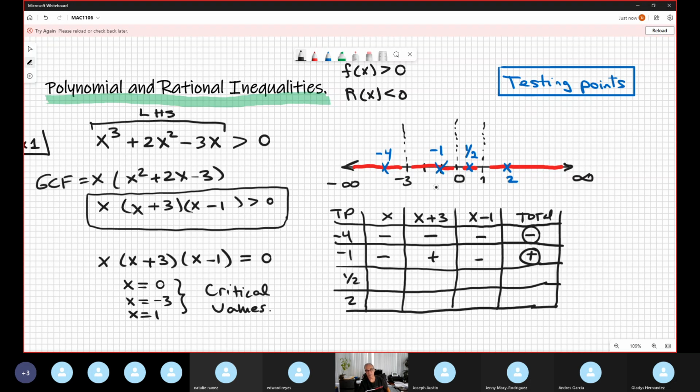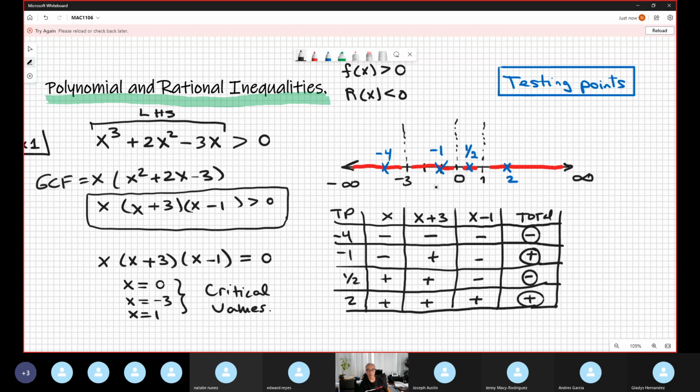It's even, so it's positive. Half is negative, it's a negative. And 2 is positive, because 2 minus 1 is positive, 2 plus 3 is 5, and 2 is positive.